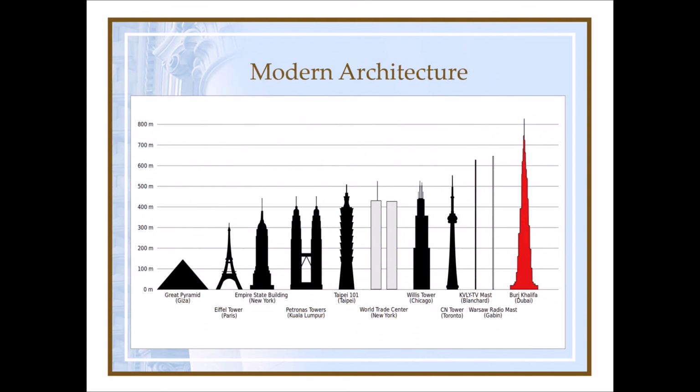So this is the example, the Burj Khalifa in Dubai, its height compared from the Great Pyramid of Giza to the Eiffel Tower, Empire State Building, Petronas Tower, Taipei 101, World Trade Center, Willis Tower, and the Warsaw Radio mast, and then the highest is Burj Khalifa.